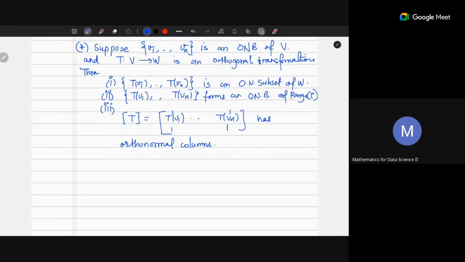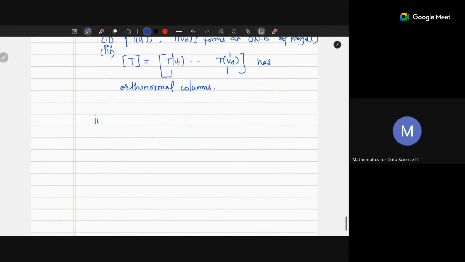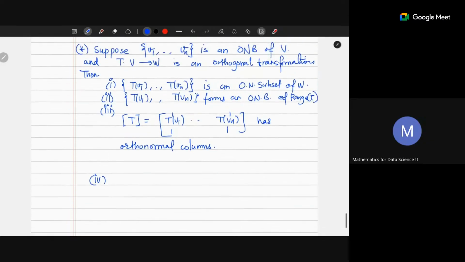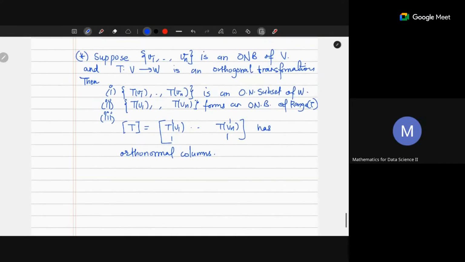Now let's consider this case 4. Suppose the dimension of W is the same as the dimension of V, and take that to be equal to n.